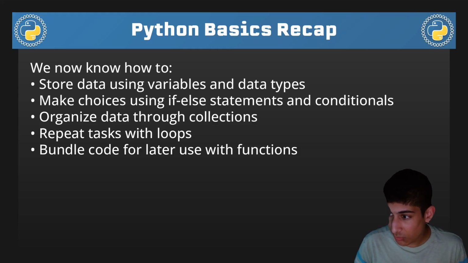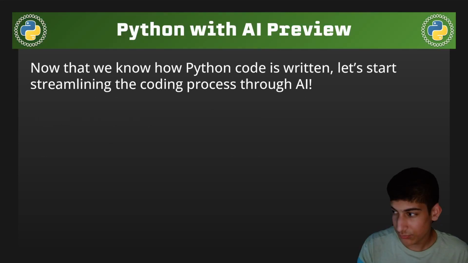The fifth video went over repeating tasks with loops. And finally, in this one, we learned how to bundle code for later use by defining functions and calling them. So now that we know the basic grammar of Python and how programs are structured, in the next series, we'll be going over how to code with Python by using AI to streamline the coding process.